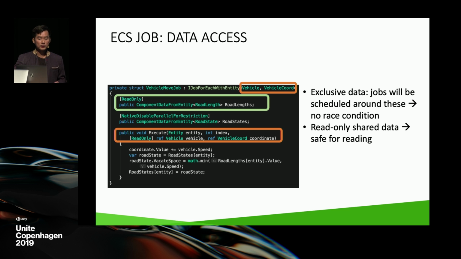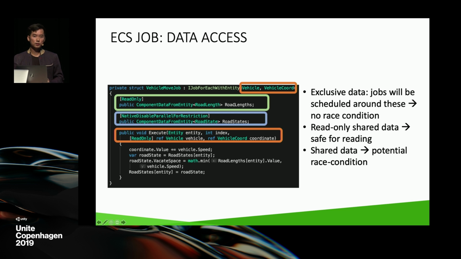I'll talk about it later. With this setup, if you forget to add this attribute, Unity ECS will complain to you. Basically, you have to add this attribute, and you can only read from this shared data. Why is that? Because ECS wants to help you avoid race conditions, because they are shared data. If you write to it, there would be a big problem.